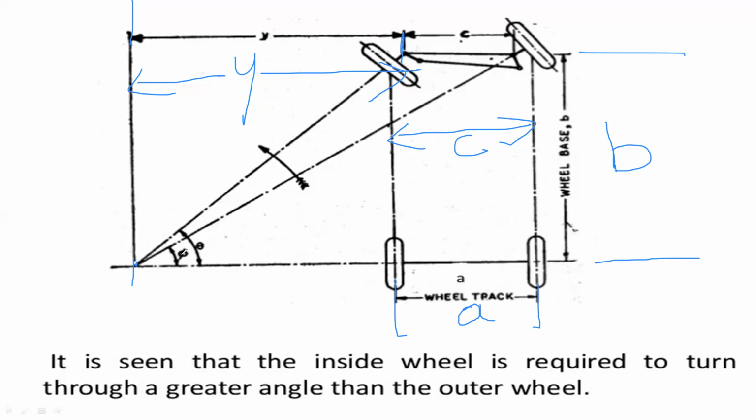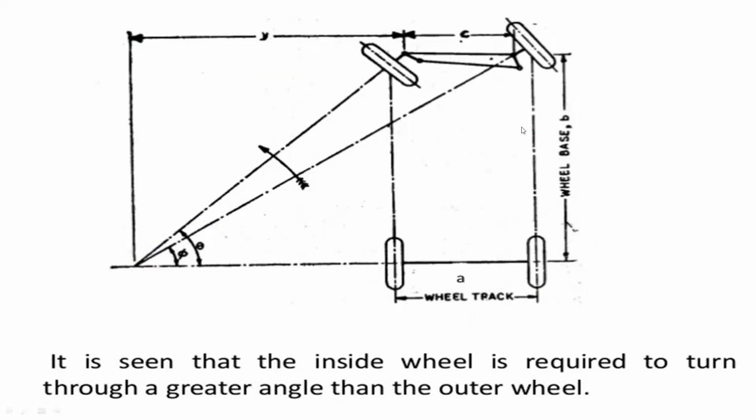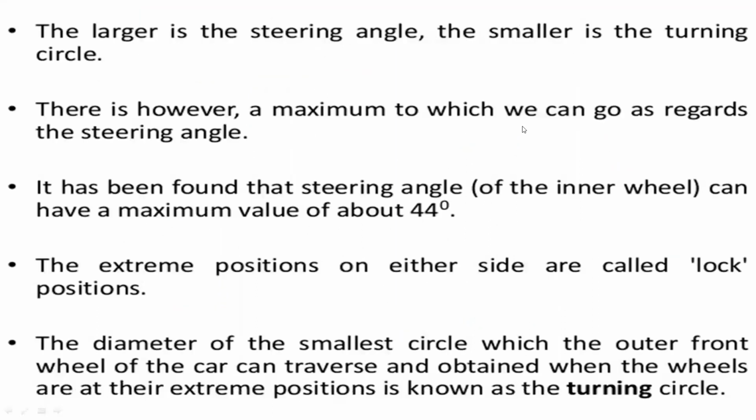These angles are the unknown angles. I can calculate these angles, so I can get the perfect angle of the steering system. Okay, you can see the larger is the steering angle.